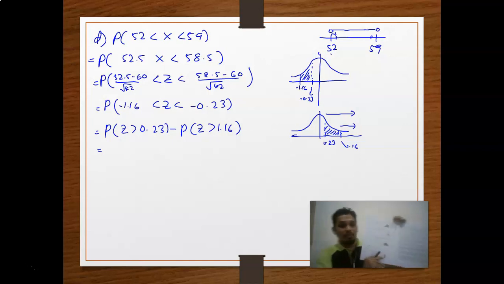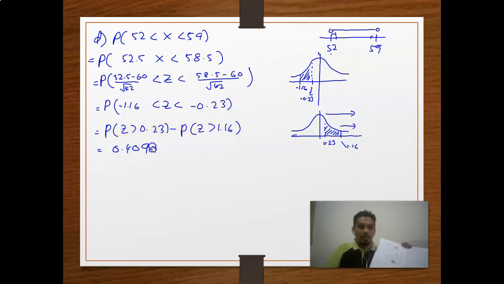Okay, 0.23, from this book, 0.2 plus 0.03, the result is 0.4090.